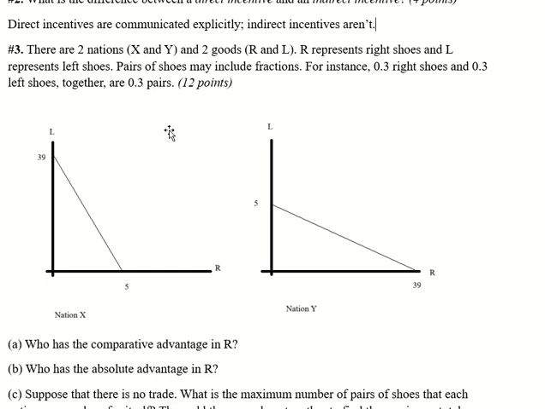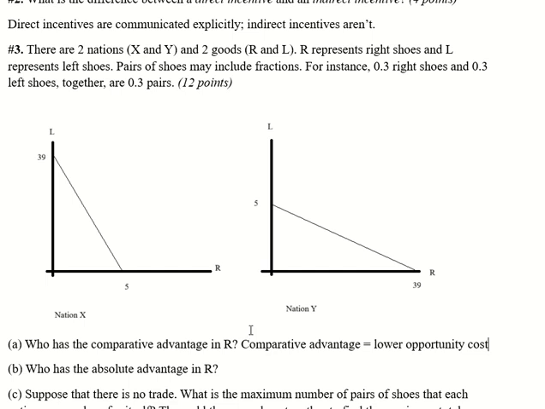First we're trying to figure out who has the comparative advantage in R. Comparative advantage means lower opportunity cost. So this one is about which nation gives up less to produce one more R.